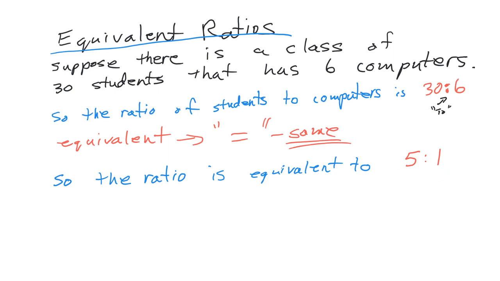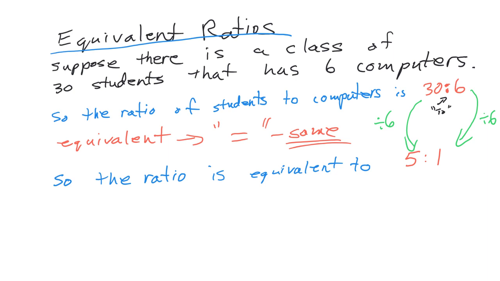So essentially what we did, in order to move from this part here to this, is we divided both of these by the number 6. We divided the first number by 6 and the second number by 6 to get what we call an equivalent ratio.